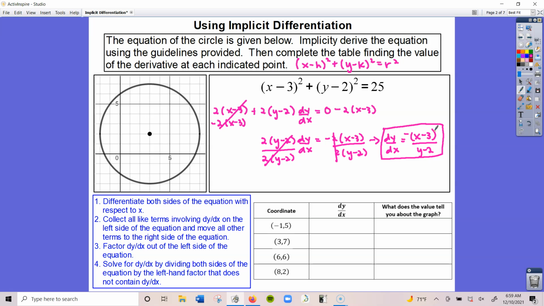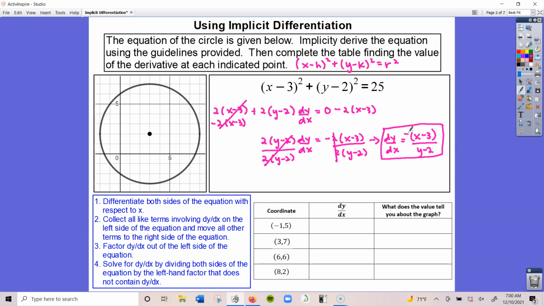So now, if I wanted to find the slope of our tangent line at a particular point, notice that here we have coordinates. So what we're going to do is plug in the coordinate into my derivative equation, and that's going to give me the slope of the tangent line at that particular coordinate. So think of this as your point of tangency.